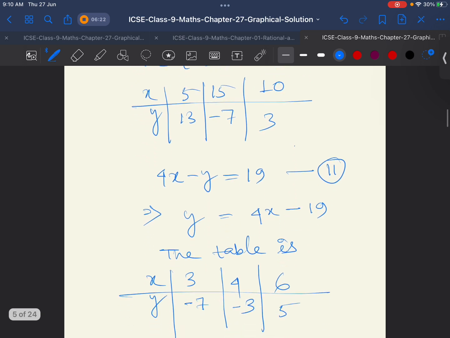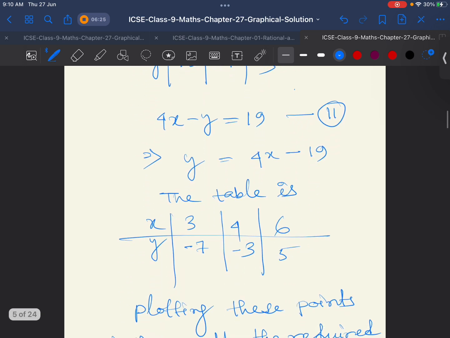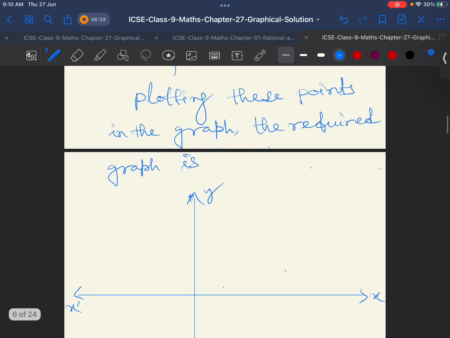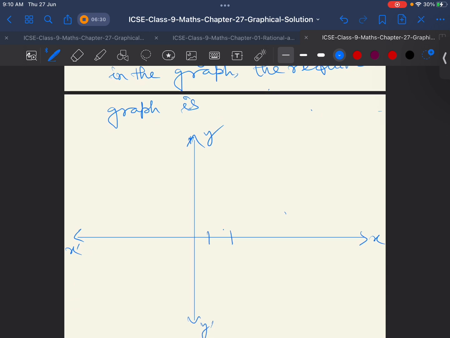Now we plot these points. First point 5, 13. Marking the scale on each axis: 2, 4, 6, 8, 10, 12, 14, 16.